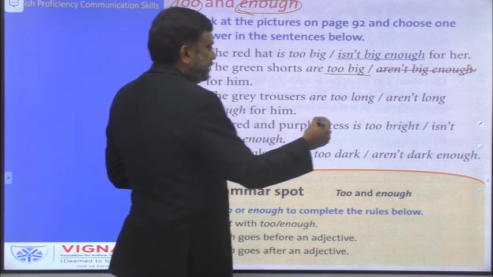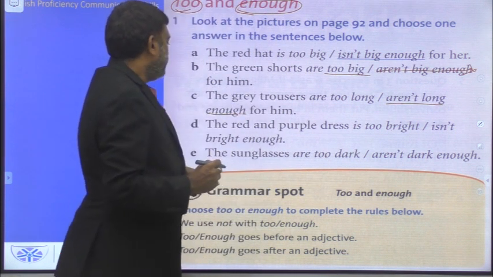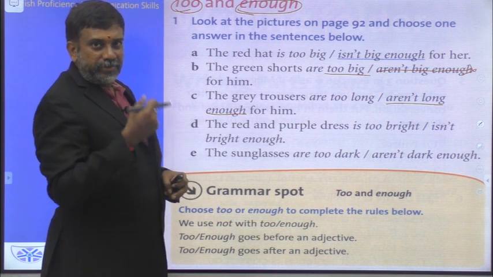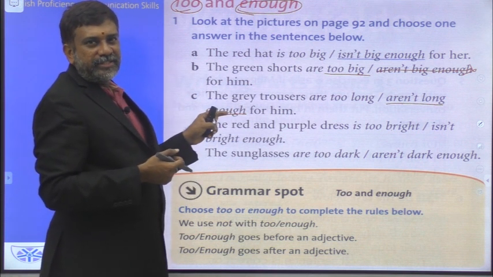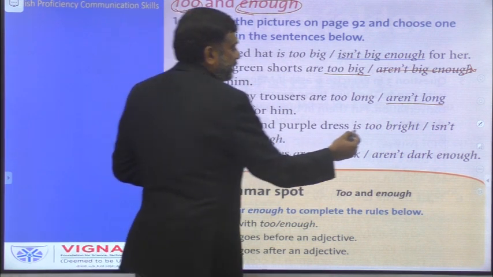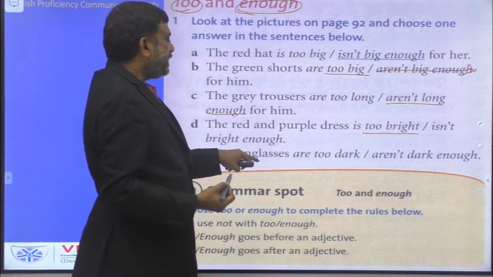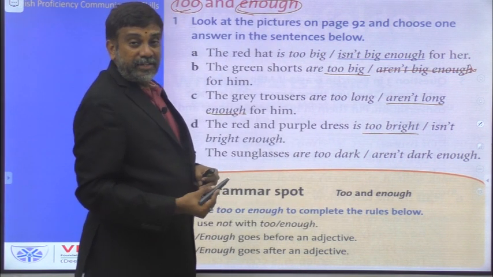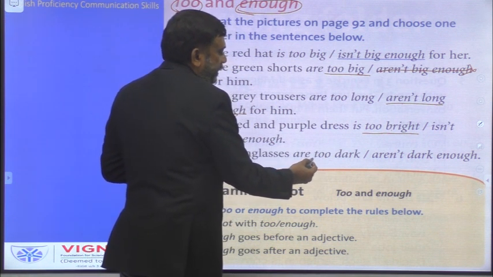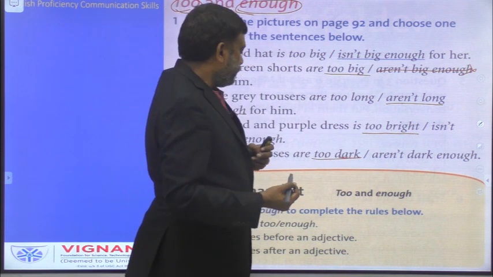So here, the answer is aren't long enough for him. The red and purple dress is too bright. Yes, what was the sentence used in the article? People started using very bright colors. So here, the dress is too bright for them. Next, the sunglasses are too dark, aren't dark enough. Could you see the boy who was wearing the sunglasses? Do you remember that? So here, it was too dark for him to use them.